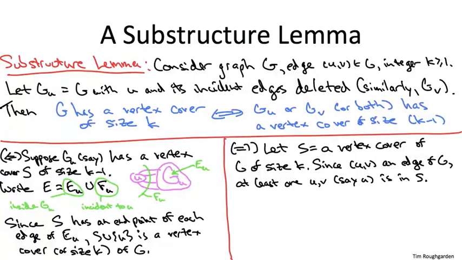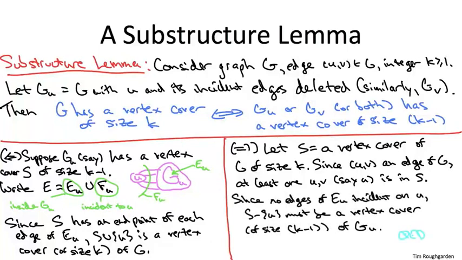So what that means is the other K-1 vertices of S have to be responsible for containing endpoints of all of the edges that survive into G_U. The vertex U takes care of edges incident to it. S with U removed, those K-1 vertices include an endpoint from all of the other edges, all of the edges in E_U. So that completes the proof of the forward direction and therefore of the substructure lemma.